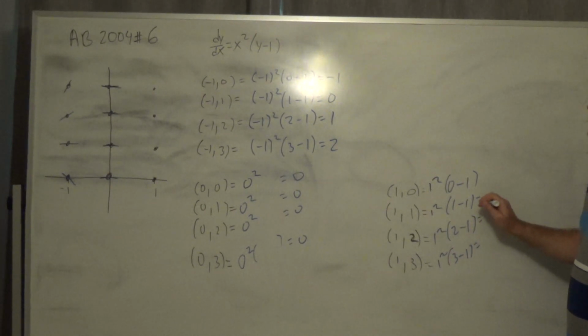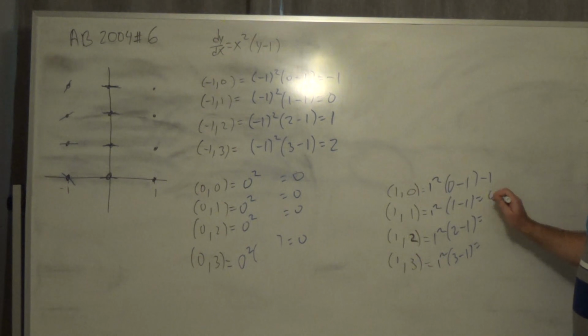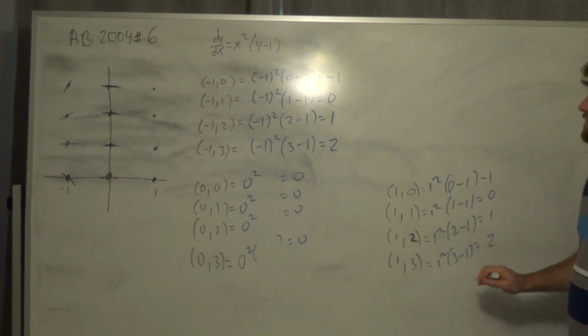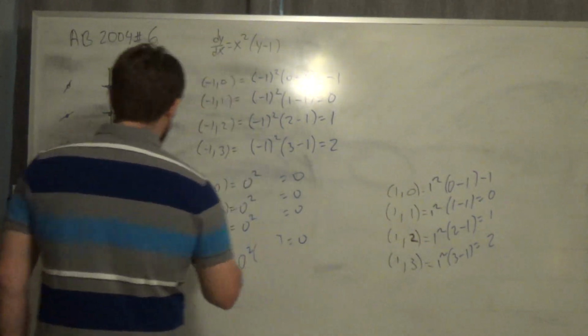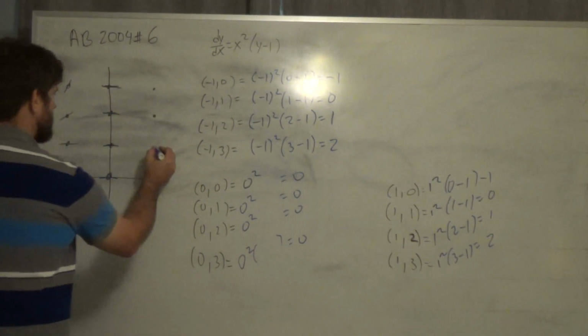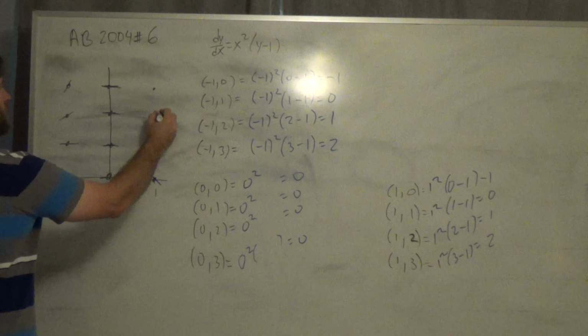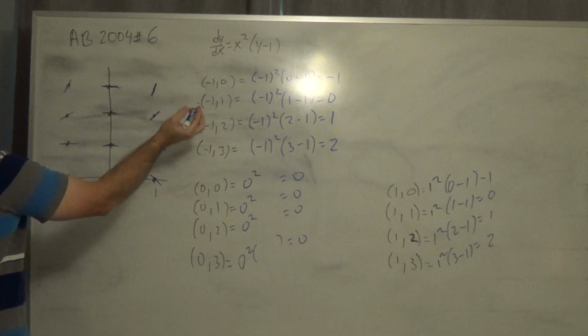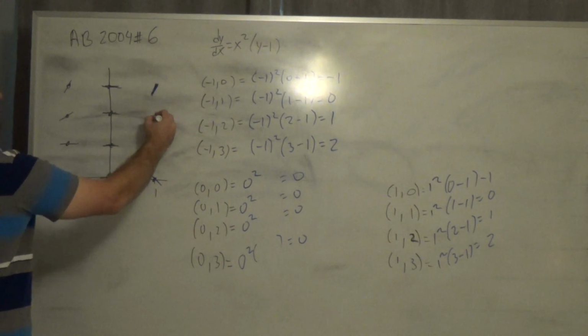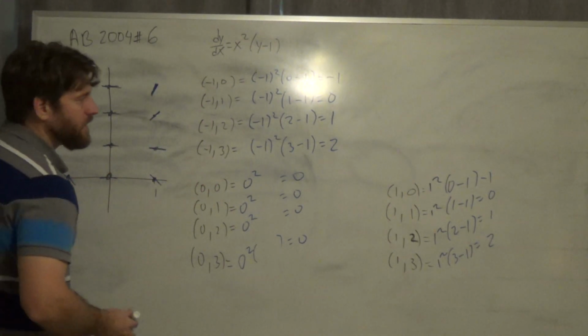And we get the same answer as before, -1, 0, 1, and 2. Just trying to make them match as close as possible. It's not perfect, but you get the idea. Okay, that's it. That's part A.